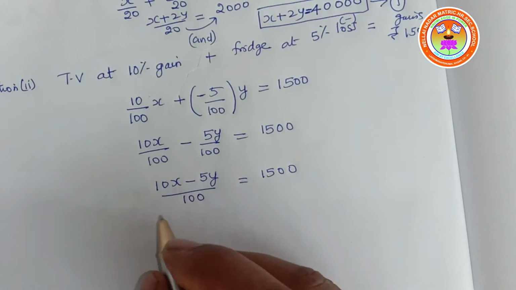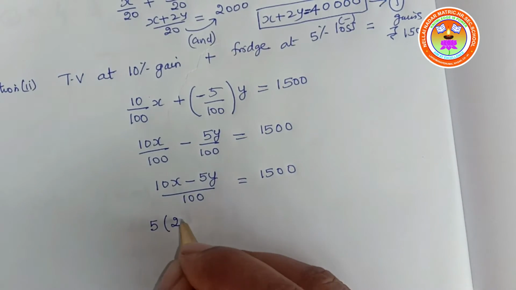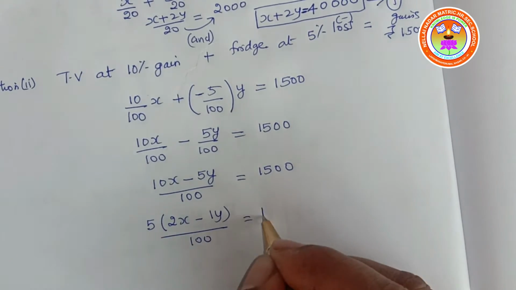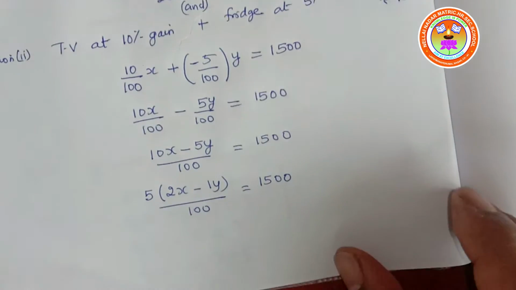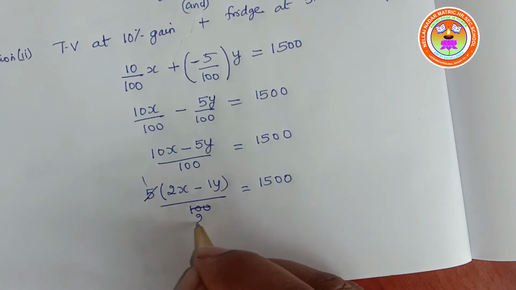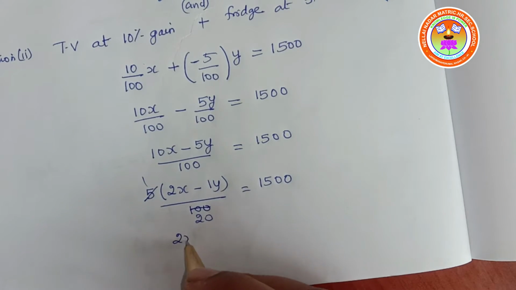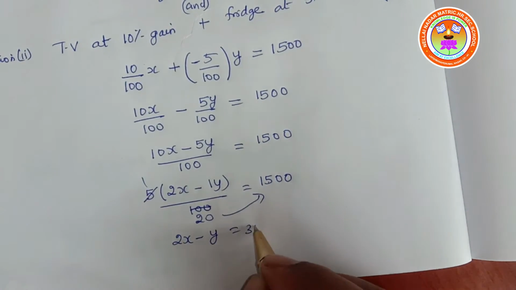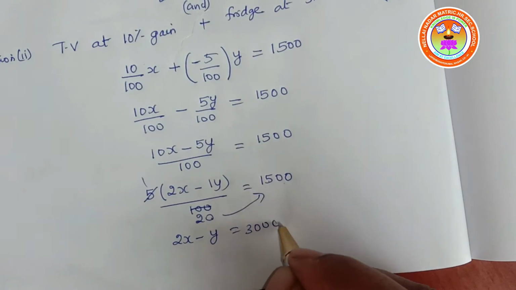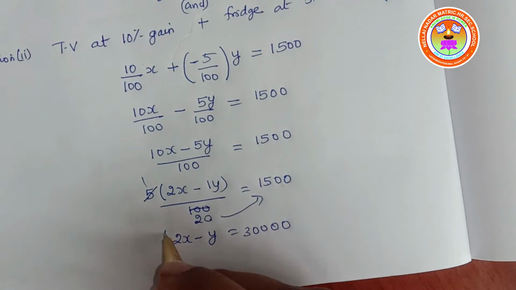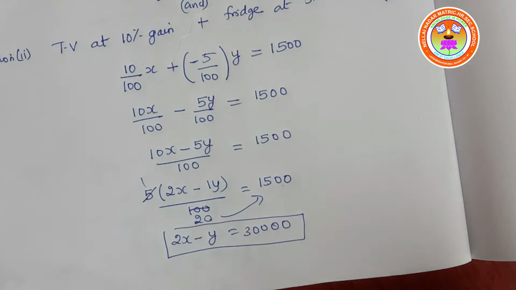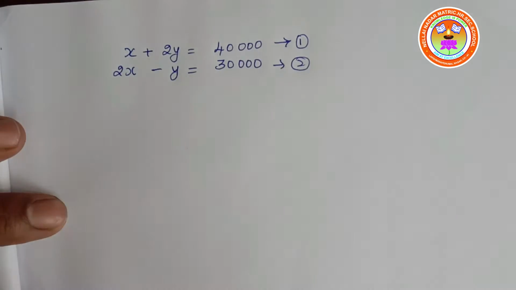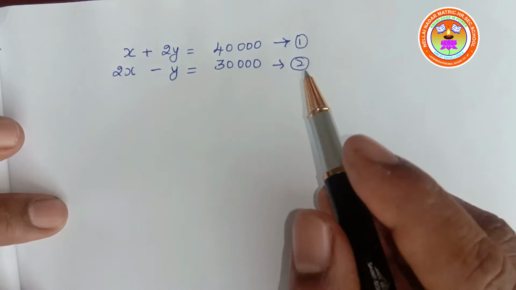We can take 5 outside, 5 twos and 5 ones, by 100 equal to 1500. So 5 ones are 5, 20 times, so 2x minus y is equal to 15 into 2, 30, so 30,000. You consider this as equation number 2. So this is equation 1 and this is equation 2.